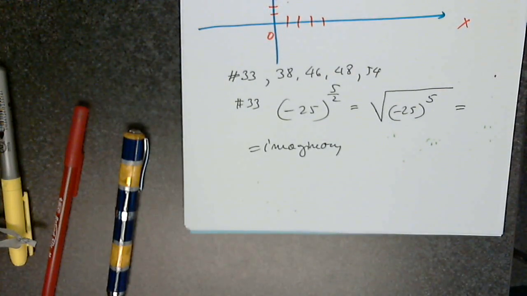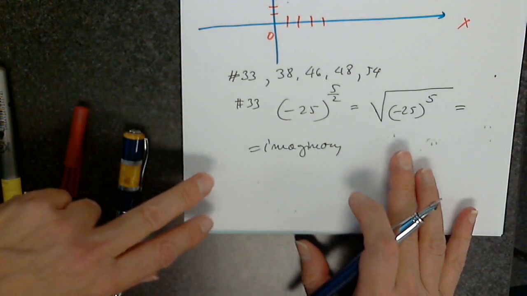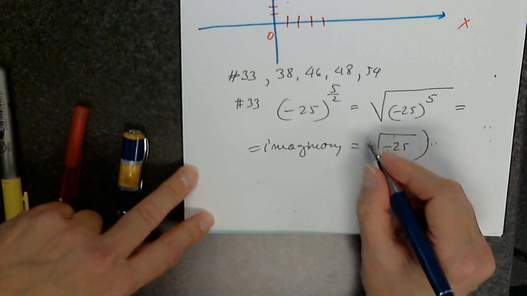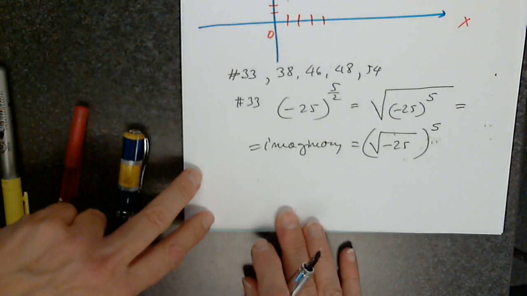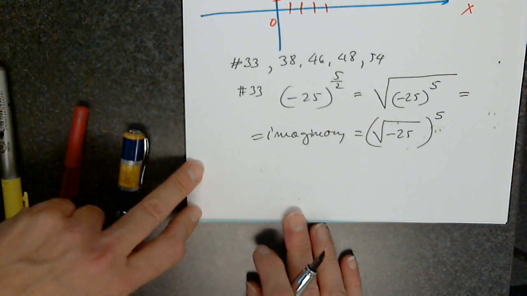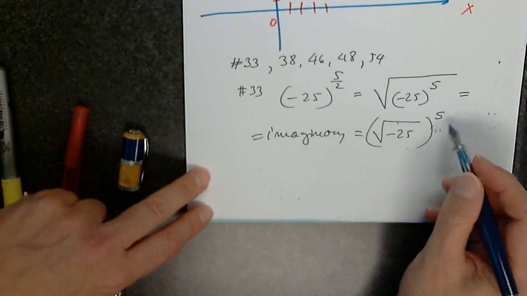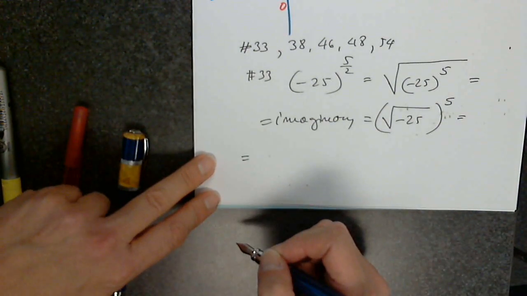But we know now how to write the imaginary number. So this is the same thing as the square root of negative 25 raised to the 5th power. How do I split the square root of negative 25?